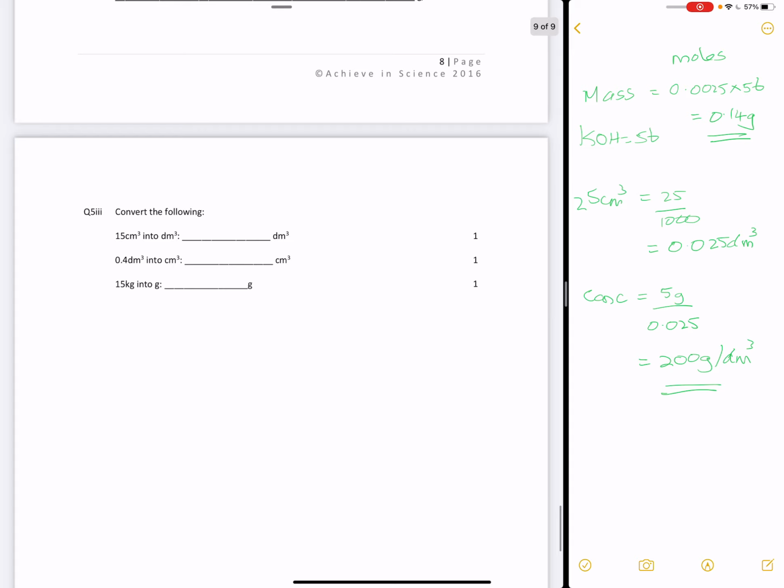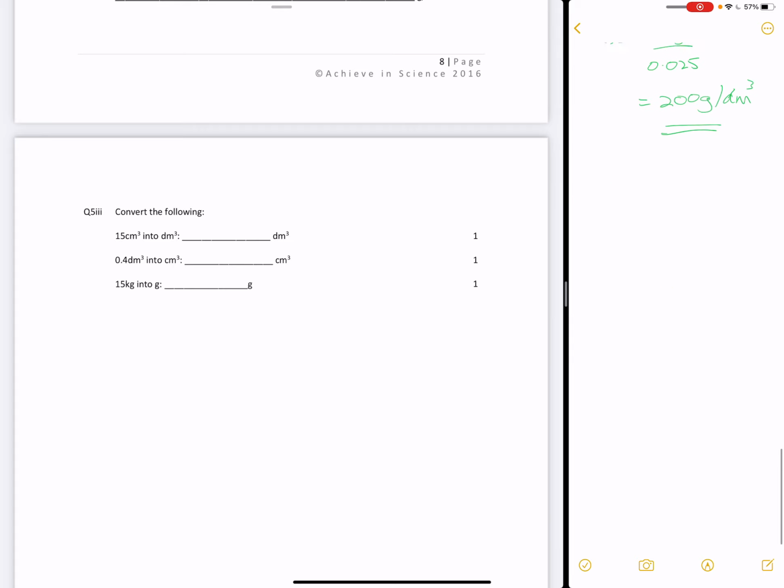And then the final one, convert 15 centimetres cubed into litres. You can pause the video here, 1 mark each. Okay, the final one, 15 centimetre cubed into litres. You should get 0.015.